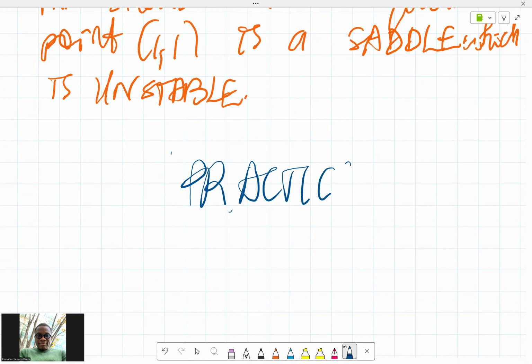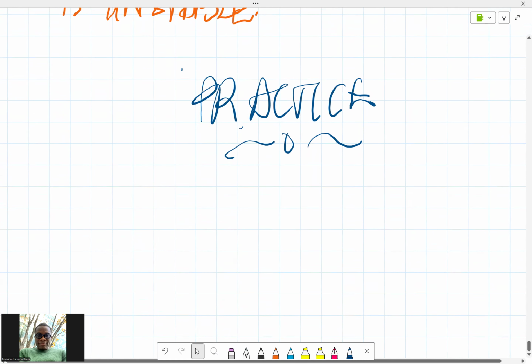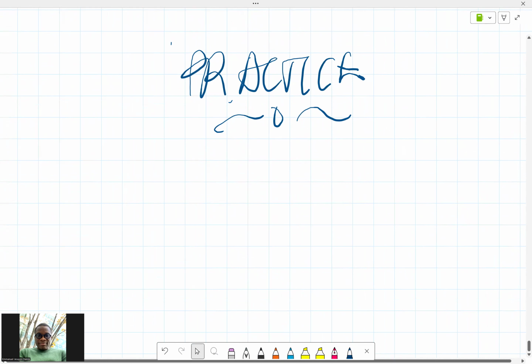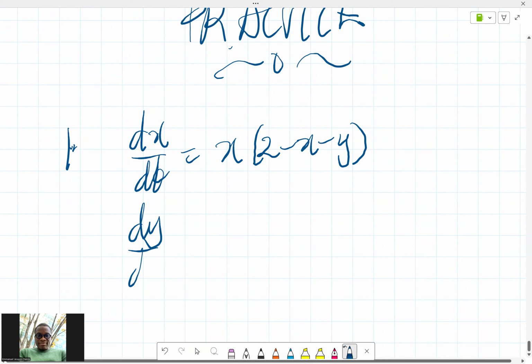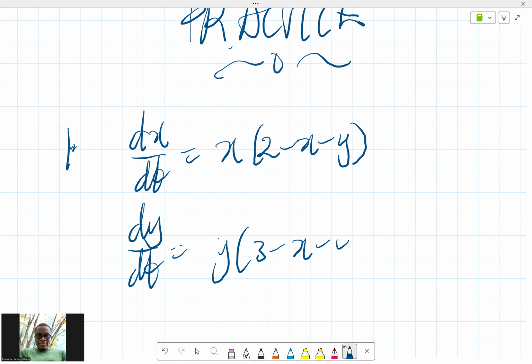Let me just drop one or two questions here. Of course, you know the normal things we do. You find the equilibrium point of the system, compute the Jacobian matrix, and determine the stability of the equilibrium point by analyzing the eigenvalues. For number 1: dx/dt equals x into 2 minus x minus y, then dy/dt equals y into 3 minus x minus y.